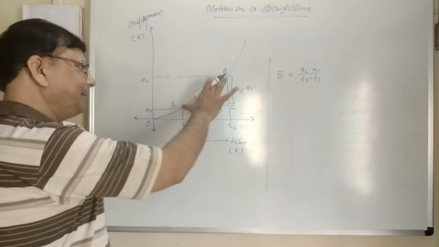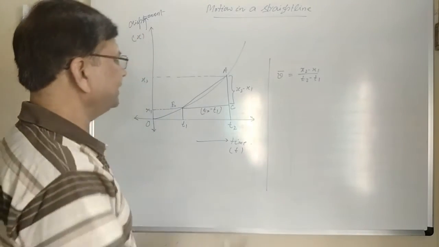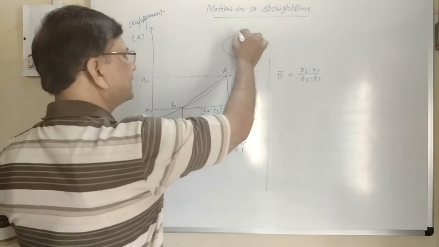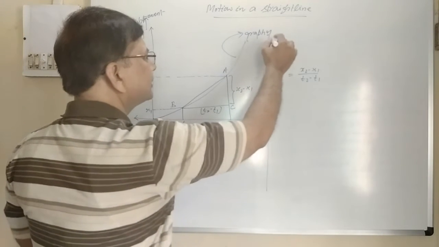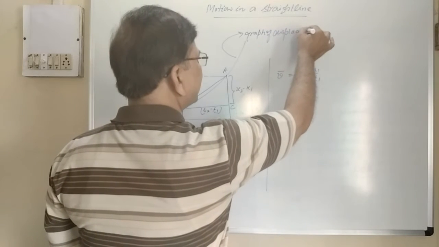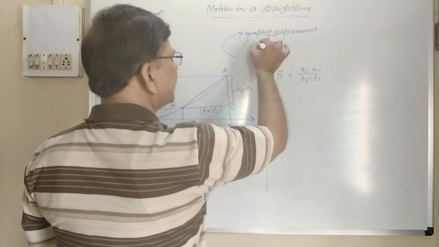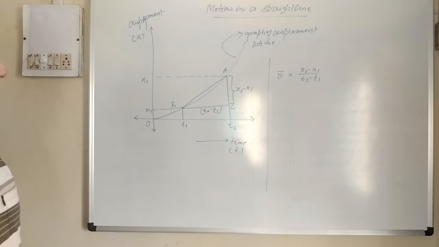And AB is the chord on this graph, the graph of displacement and time for the motion of an object.